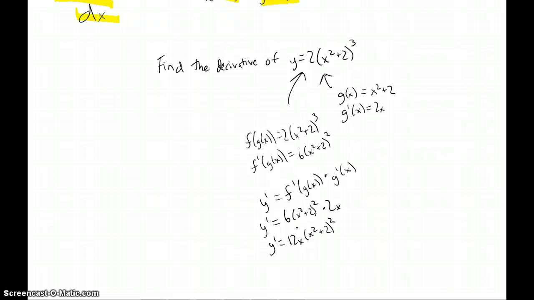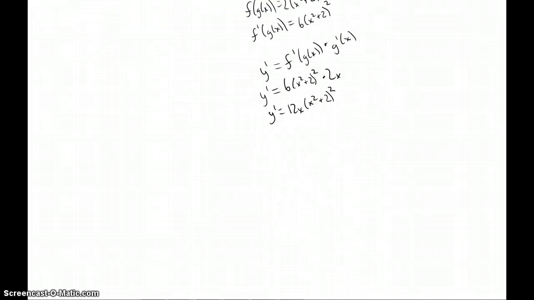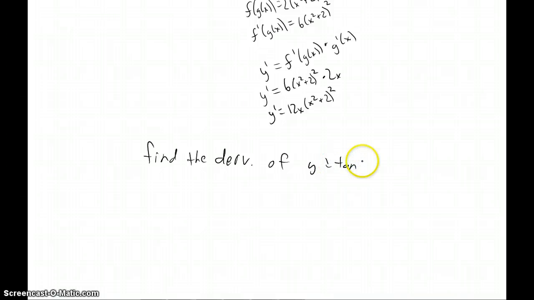But here, Trey is going to go through a more complicated example using trigonometric functions. Okay, now, in this problem, say we have to find the derivative of y equals tangent of (2x plus 2).